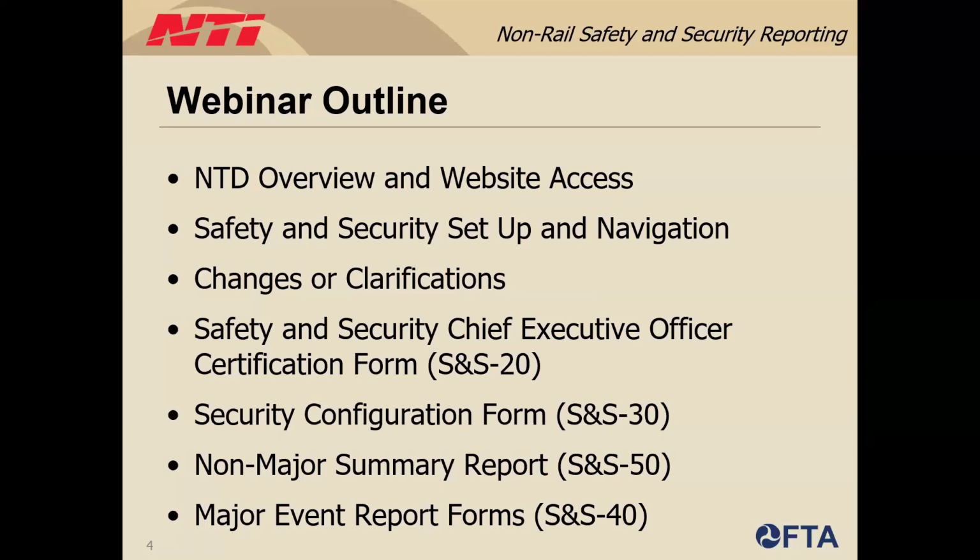We will then go through each of the 4 different safety and security reporting forms that you see listed here: the SNS 20 CEO certification, which probably a lot of you are familiar with right about this time, the security configuration form, our non-major summary monthly report forms, SNS 50, and of course the SNS 40 major event forms. And then we'll also go through completing a typical collision report.